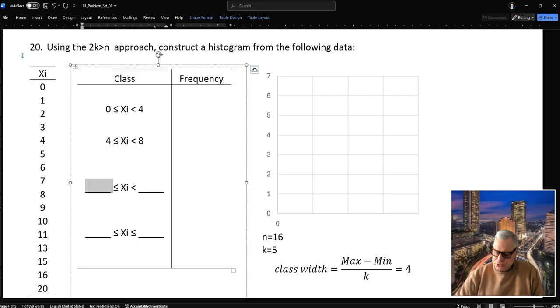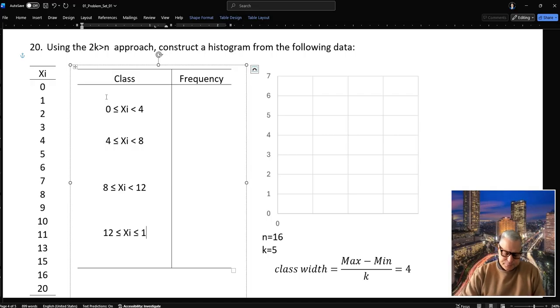The next one starts at 8 and goes till 12. And the next one goes from 12 to 16.